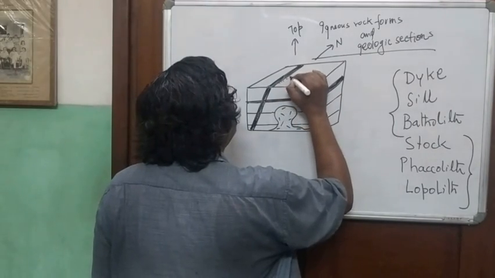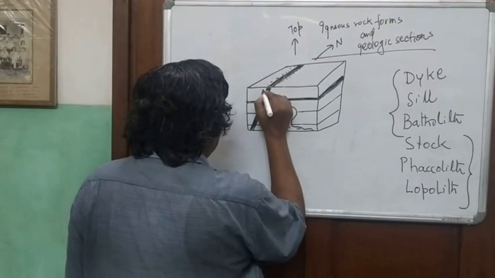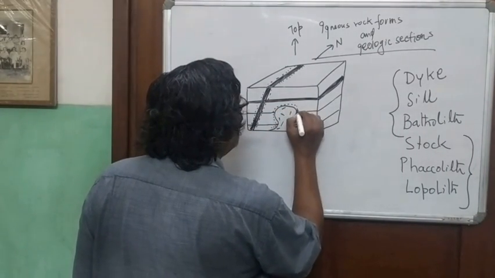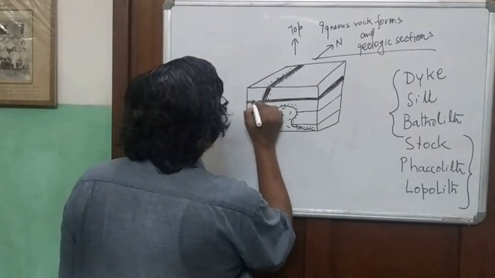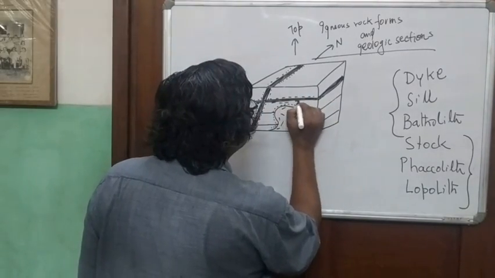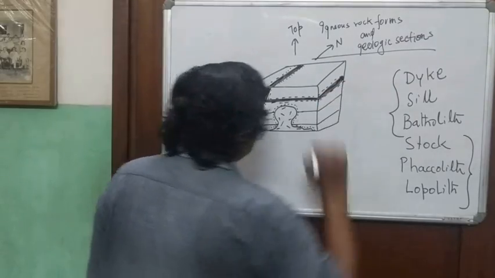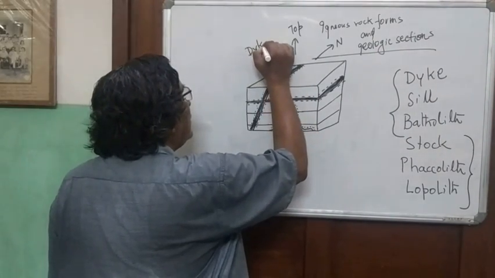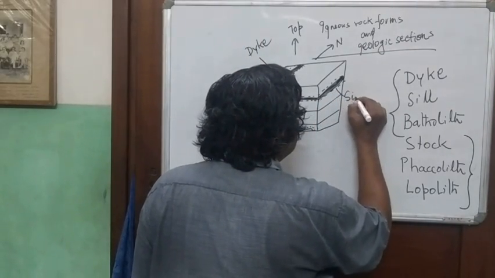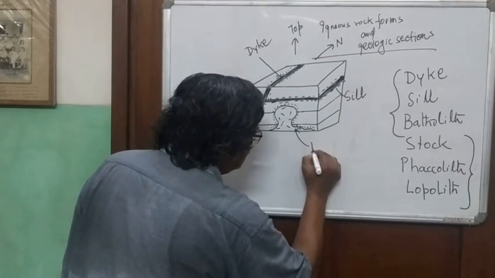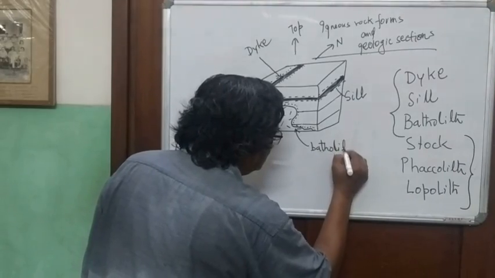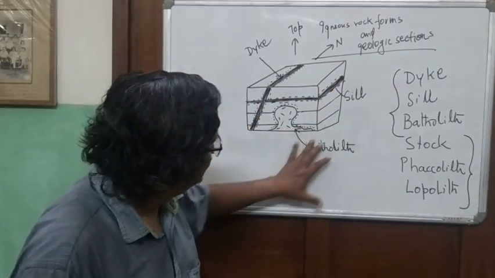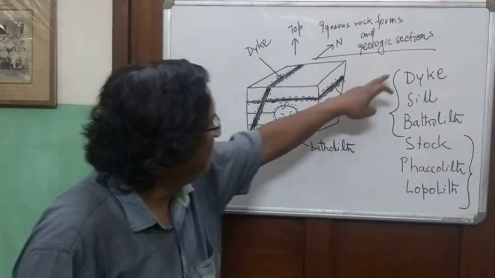I will draw. Now, I have drawn a dike, a sill, and a batholith.